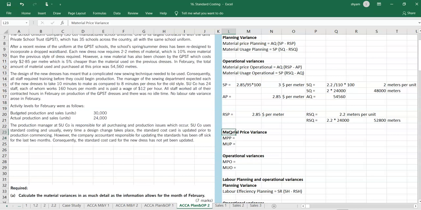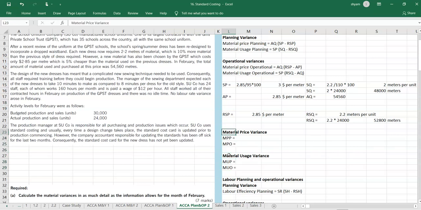Okay, and usage variance. So material price planning variance, material price operational variance, material usage planning variance, material usage operational variance.